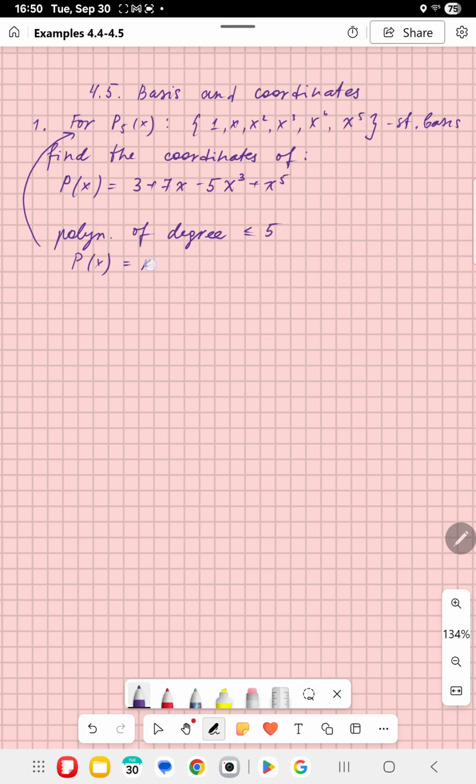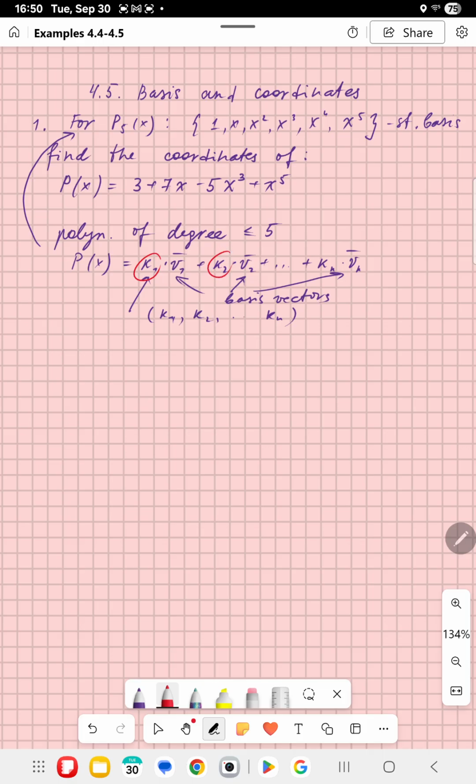For example, that's k1 vector 1 plus k2 vector 2, and so on, up to kn vector n. These are going to be the basis vectors, and the k's are going to be the coordinates k1, k2, kn, and we are searching for those k's.